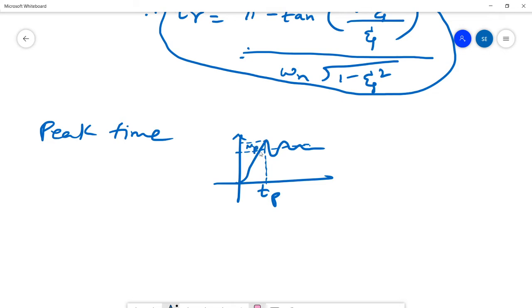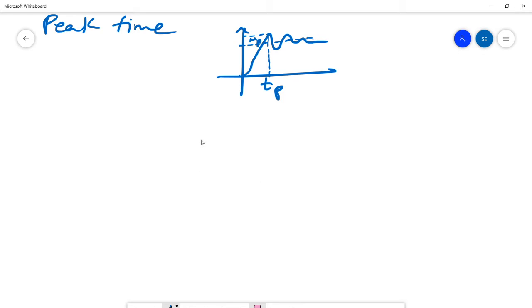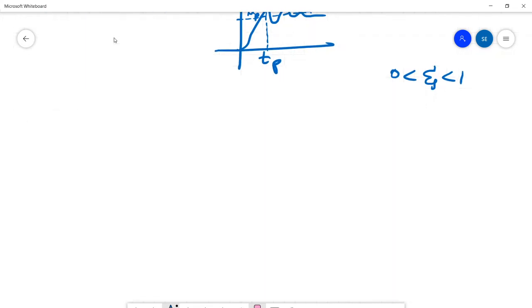This is Mp. We have to calculate Tp now. We are doing the calculations for the same zeta value, that is 0 less than zeta less than 1, for an underdamped system.